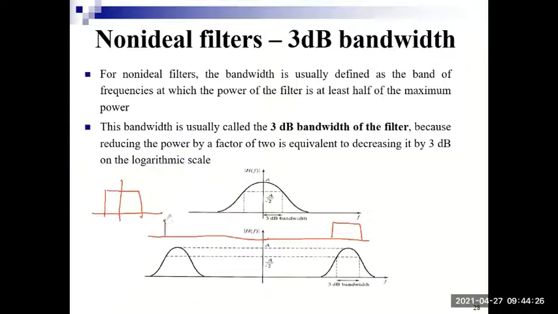So what difference are you seeing between ideal and practical? Yeah, the slope, the transition band. What is this slope? Do you remember what you call this transition in a filter?